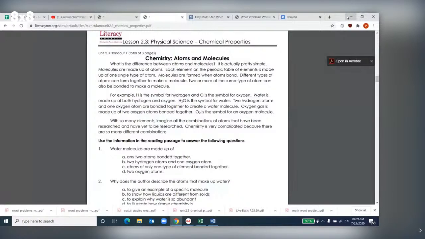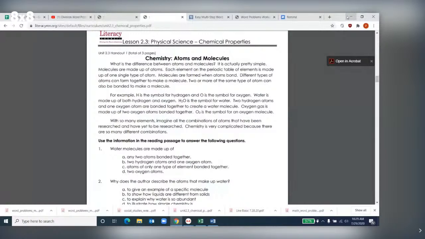It says, what is the difference between atoms and molecules? It's actually pretty simple. Molecules are made up of atoms. Each element in the periodic table of elements is made up of one single type of atom. Molecules are formed when atoms bond, and different types of atoms can form together and make molecules. Two or more of the same type of atom can also be bonded to make a molecule.